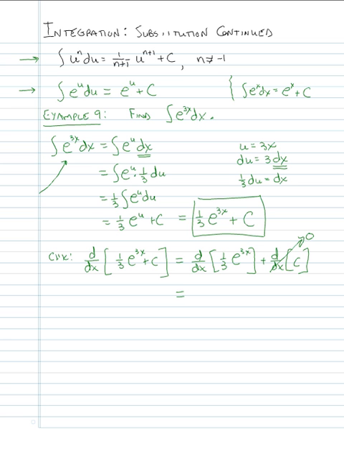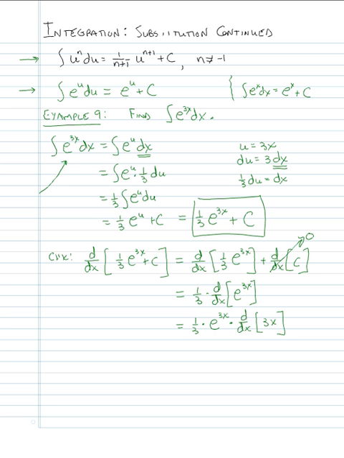Now the derivative of 1/3 e to the 3x, well, that's 1/3 times the derivative of e to the 3x. And if you remember how we took derivatives of e to powers, we'd say it's e to exactly the same power, but we had to use the chain rule, which tells us we also have to multiply by the derivative of the power.